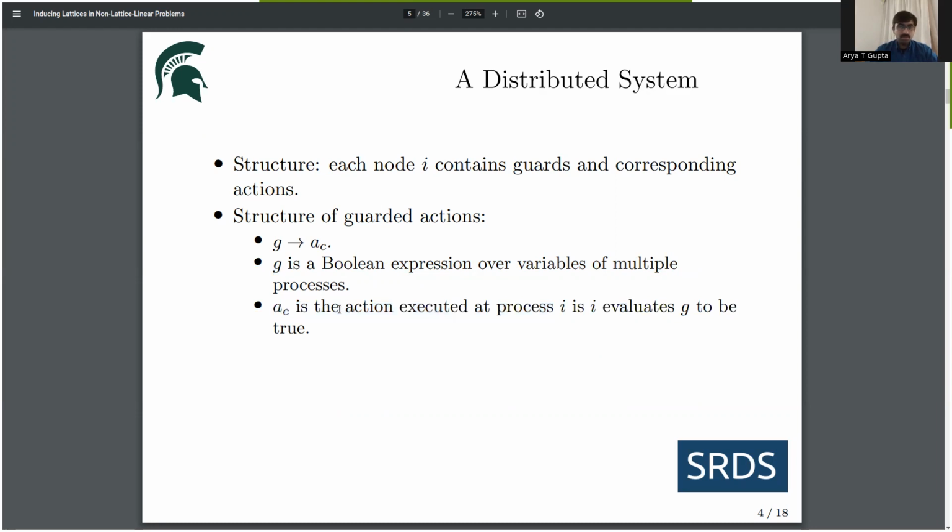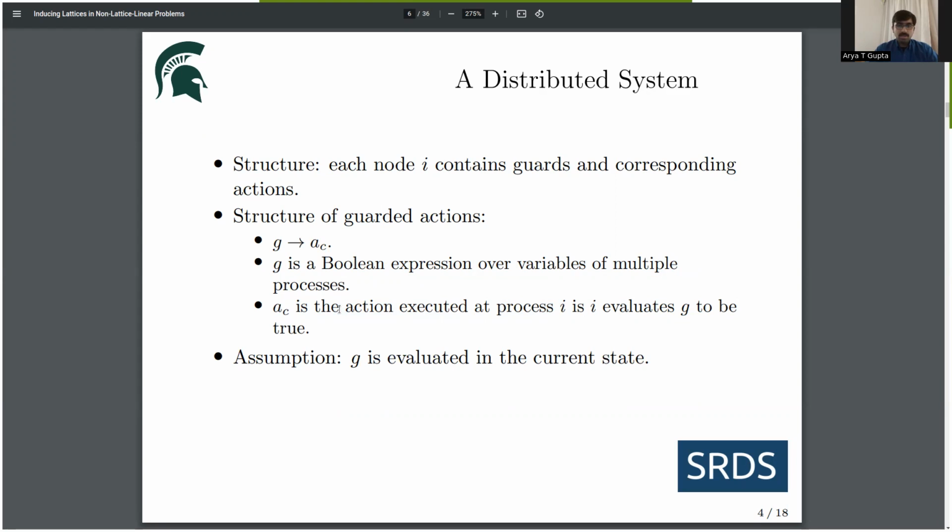A sub C is executed at process i when i evaluates G to be true, and A sub C makes changes to the variables of the node i.